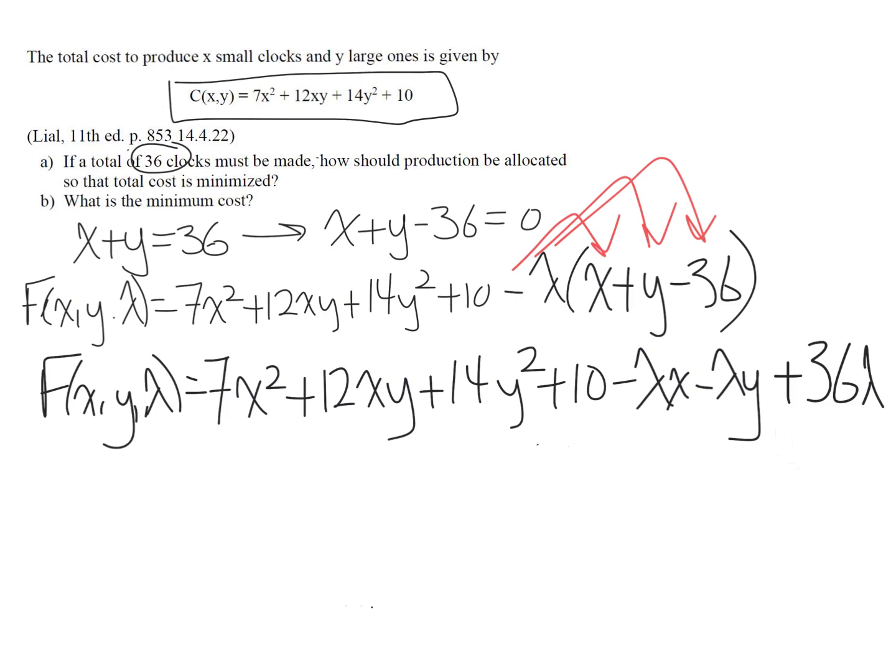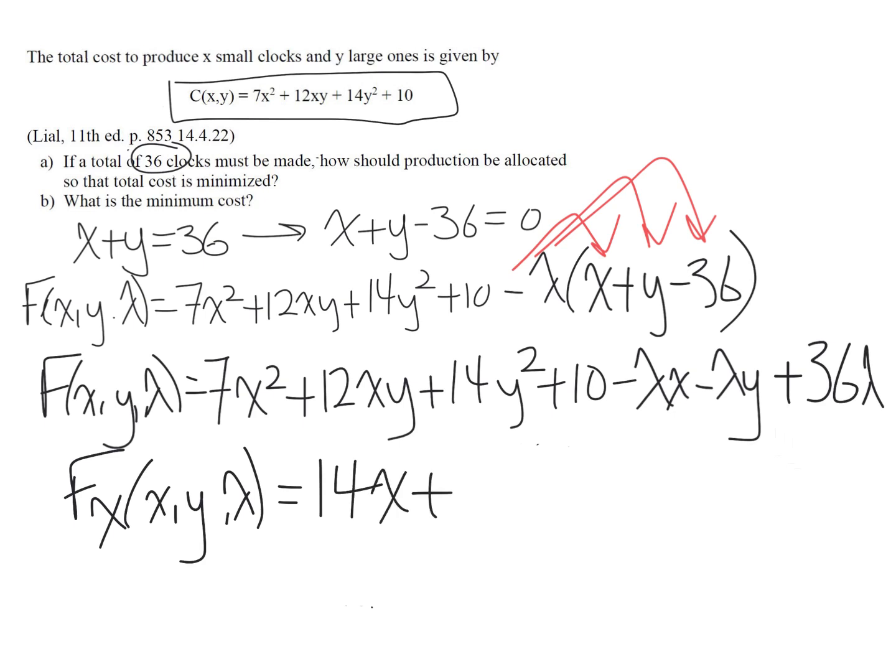Okay, now we take the 3 partial derivatives, one with respect to x, one with respect to y, one with respect to lambda. Okay, so 7x squared, the derivative is 14x, plus 12xy, the derivative is plus 12y, minus lambda, I think.